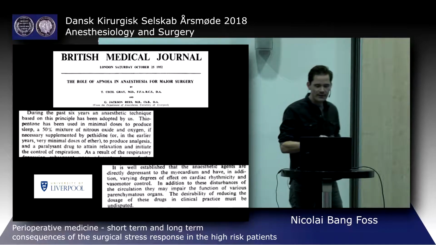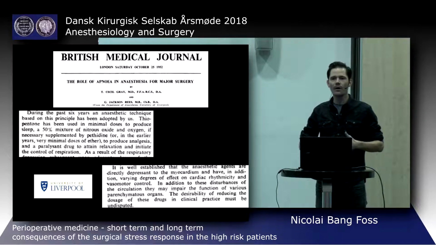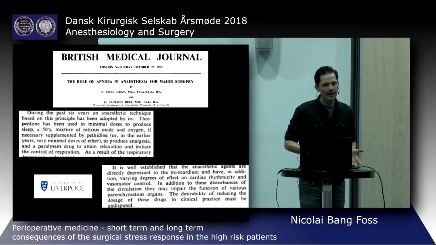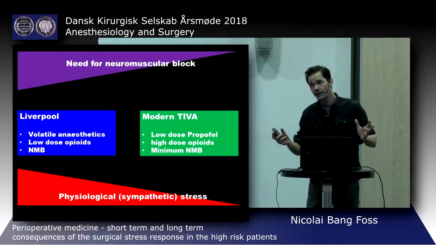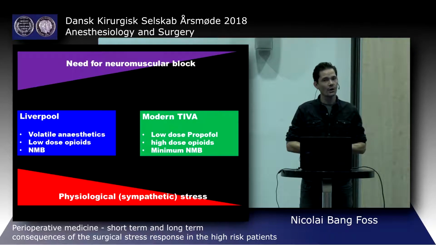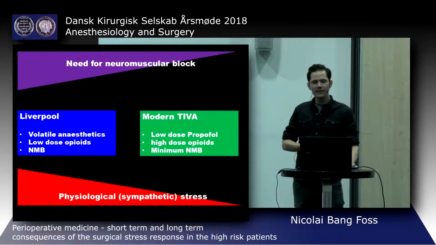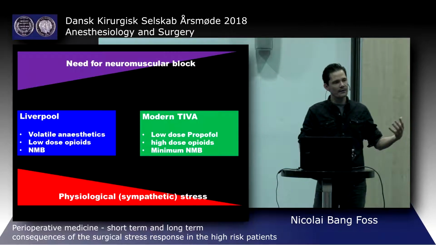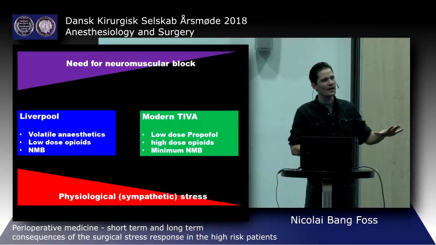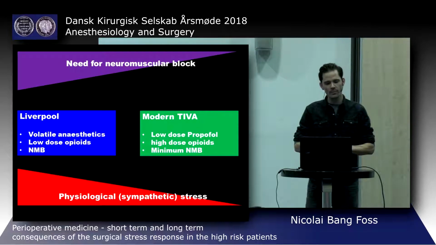This is the classic method of anesthesia called the Liverpool anesthesia, and it's also the foundation of modern volatile anesthesia. If we look at that and compare that to the more modern TIVA approach with high doses of short-acting opioids such as remifentanil, then we can see that with the classic method of anesthesia, we have a lot of sympathetic stress because the stress response is not attenuated by, for example, neural blockade or high doses of opioids.